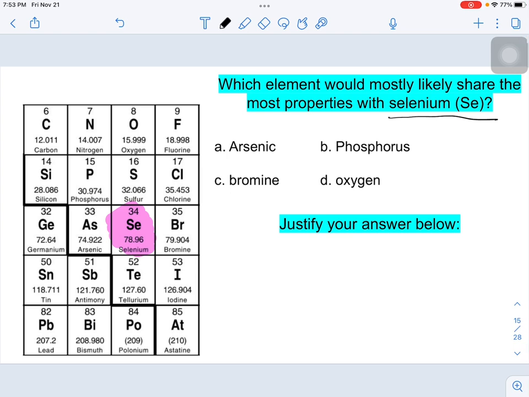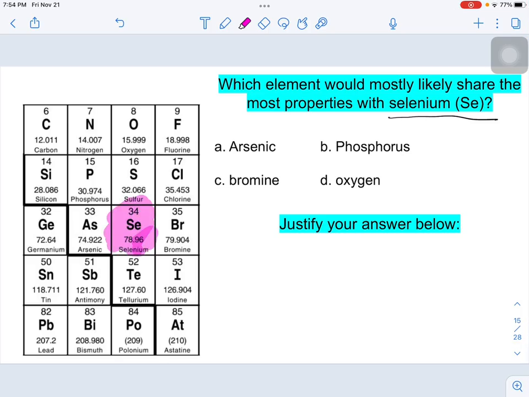What we have learned is that elements in the same group, in the same column, share similar properties because they have the same number of valence electrons. So anytime you have an element like selenium, the elements that are in the same column are going to be most alike. So let's go ahead and look at these answer choices and see if they fit.